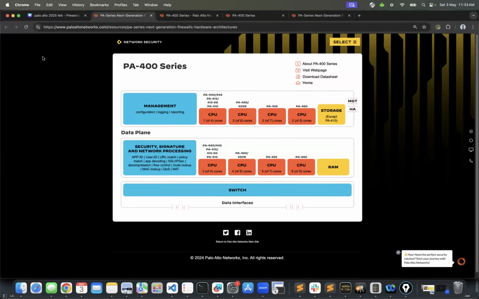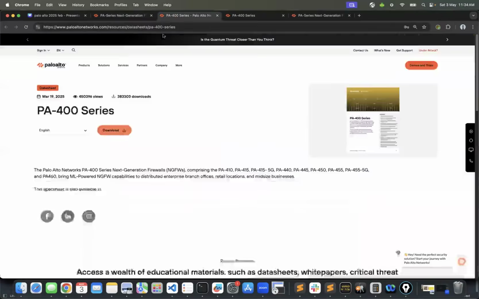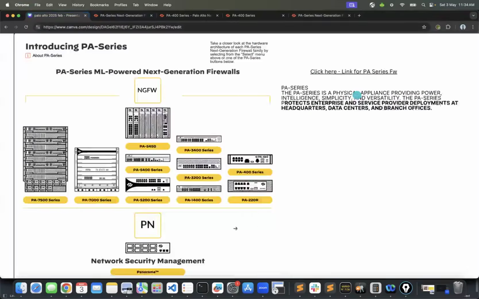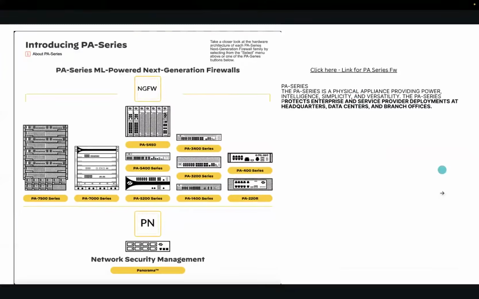Or if they have a good amount of resources who know Cisco, they will go for Cisco. But in the Palo series, budget always plays a role because Palo is the costliest firewall among all these vendors. So this is about the PA series firewall. Let me cover one more slide, then I'll open up for questions.